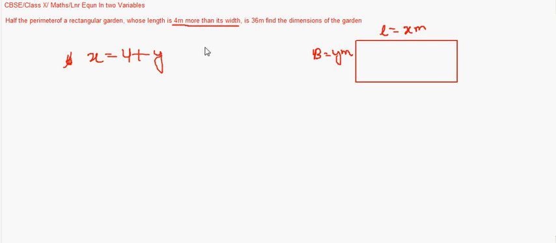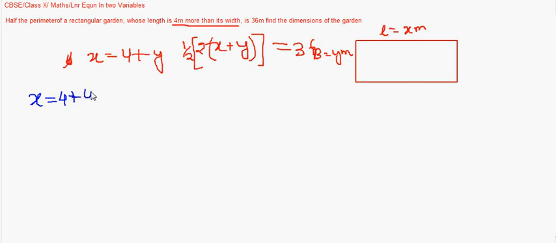Perimeter is 2x plus 2y, and it says half of this is 36. So what are the two equations we get? The first one is x equals 4 plus y, and the second one is x plus y equals 36.